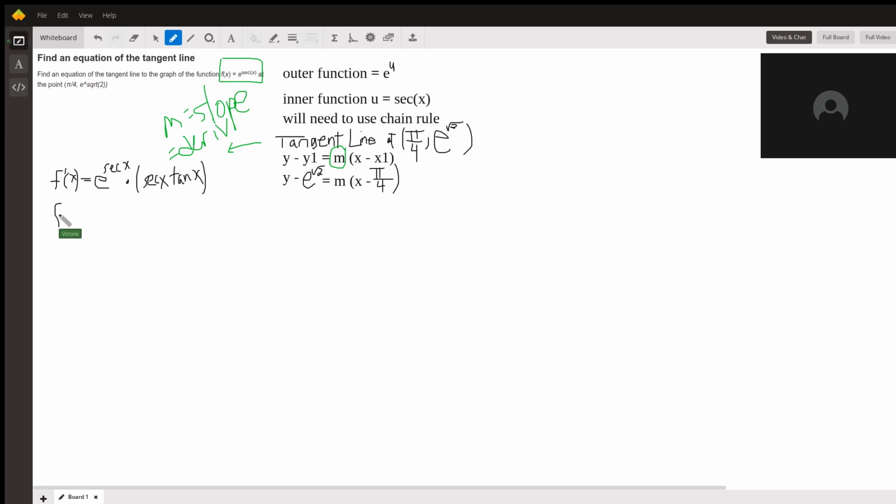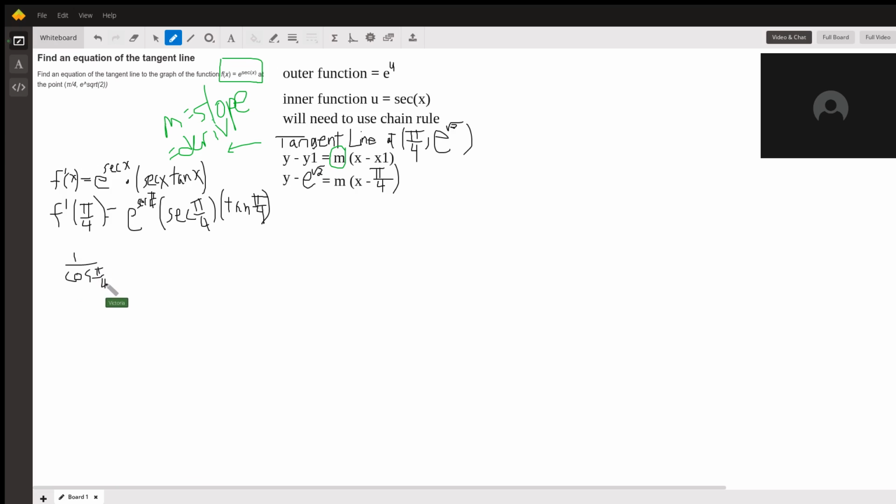We want to know the slope when x is pi over 4. So this is going to give us a number. So this is e to the secant of pi over 4 times the secant of pi over 4 times the tangent of pi over 4. So the secant of pi over 4, that's 1 over the cosine of pi over 4.